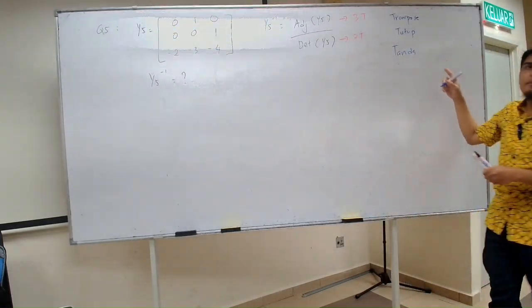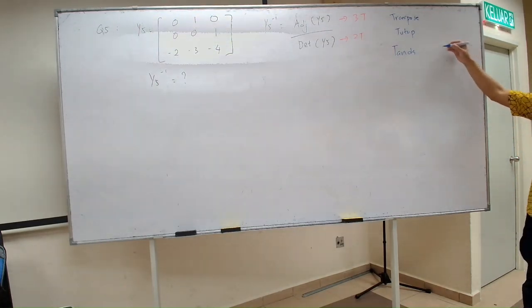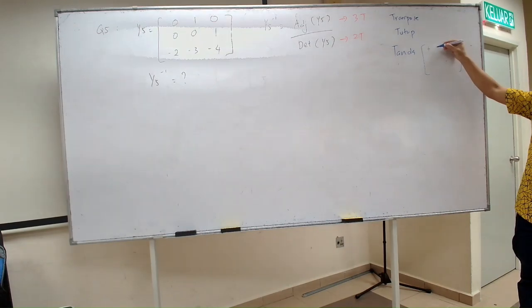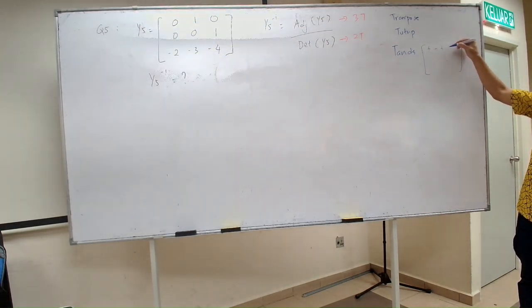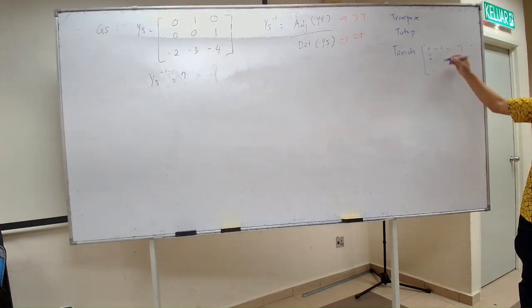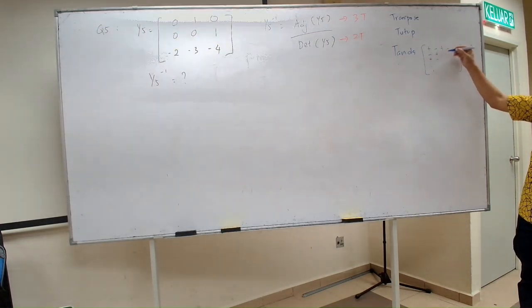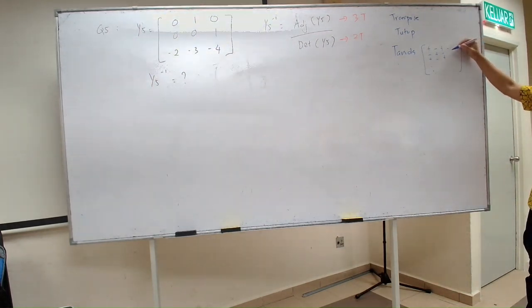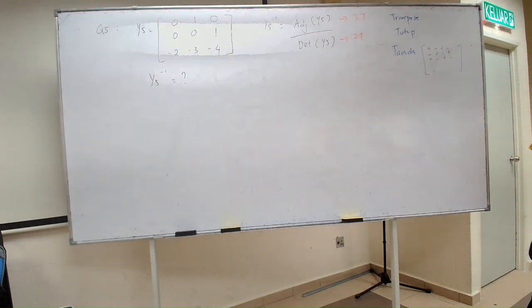And what is the pattern for tanda? It starts with plus, then minus, plus, and so on. It alternates, right? And then this plus, negative, and so on.